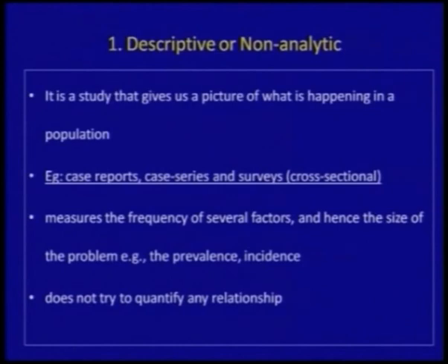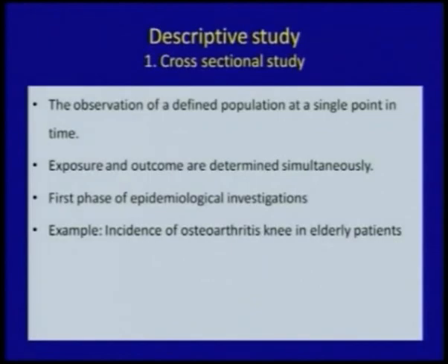For example, it could be a case report, a case series or a cross-sectional survey. From these studies, we can get the frequency of several factors and hence the size of the problem, for example the prevalence or incidence of disease in a particular group of population. It doesn't try to quantify any relationship.